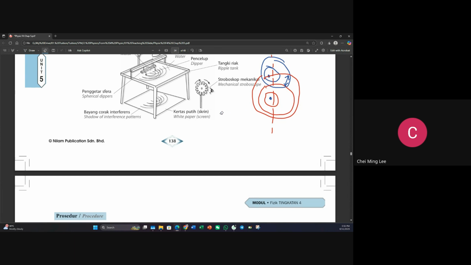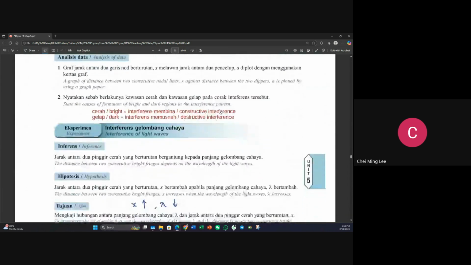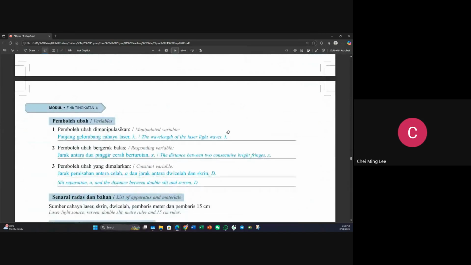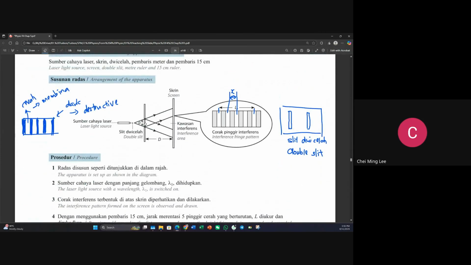Okay. Now next, the interference of light waves. In this experiment we are using one laser light source but with two slits, a double slit. After that, you will find that the color will show like this.